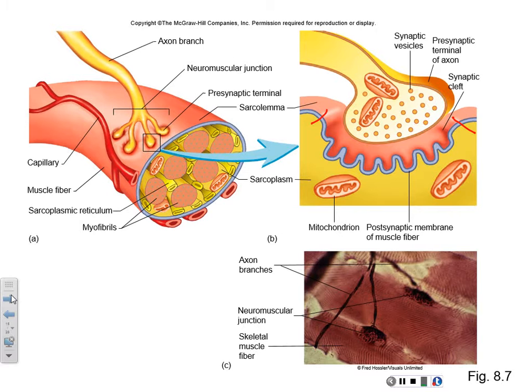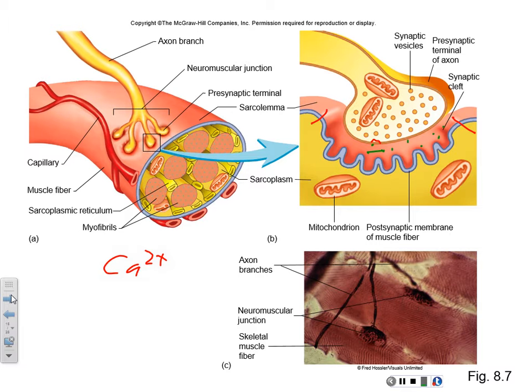This is a picture of a neuromuscular junction. So the calcium comes in and causes these vesicles to attach here, and then sprinkle the acetylcholine into the cleft.